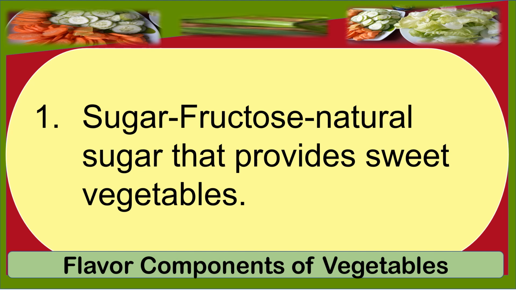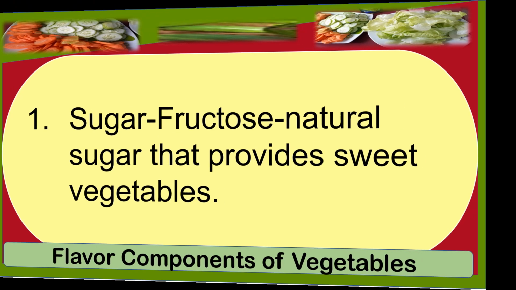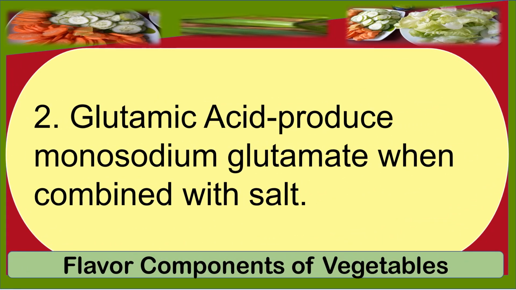It's natural. 2, it is a component which is called the glutamic acid. So it produces monosodium glutamate when the vegetables are combined with salt. So you have that flavor component, the glutamic acid.